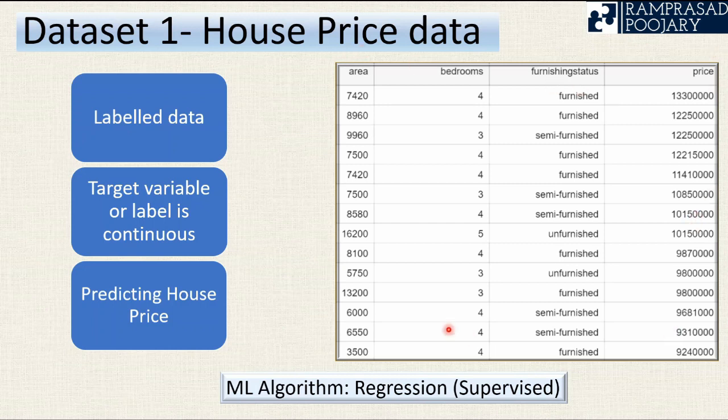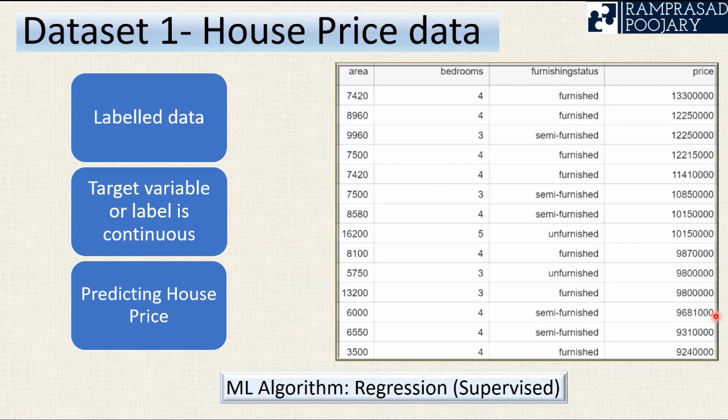This particular data set is labeled data because we are given the target variable, or the output variable, along with the features. Now, what type of algorithm should be used if you want to predict house price when these features are given? We look at the price here, which is a continuous value, so we can go for a regression algorithm.